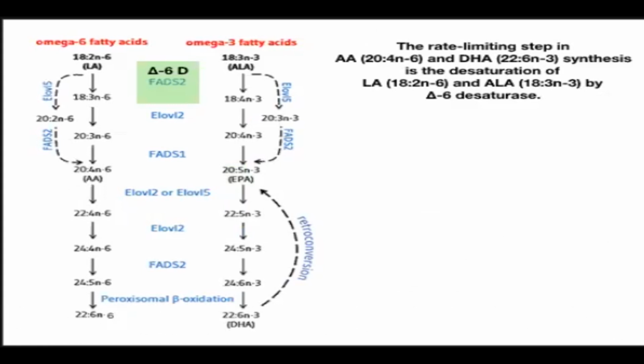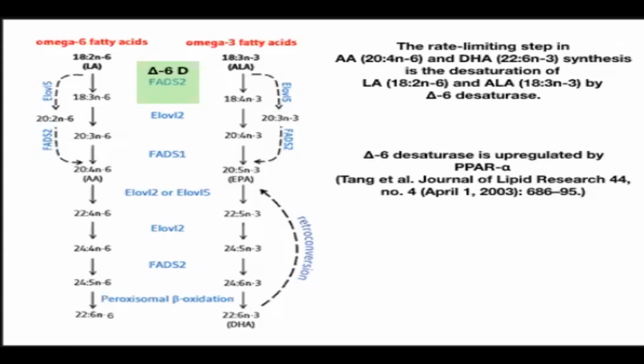To make DHA, we have this conversion that can happen in mammals, and the limiting step in it is this delta-6 desaturase. So if you only have a certain amount of delta-6 desaturase, there's only a certain amount of DHA that you can possibly make. It turns out that delta-6 desaturase is actually upregulated by PPAR alpha.